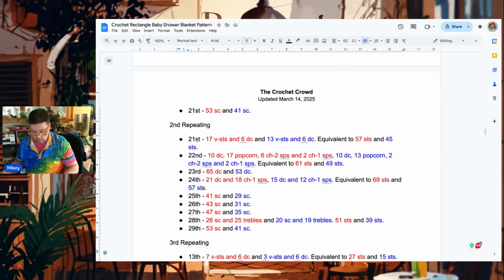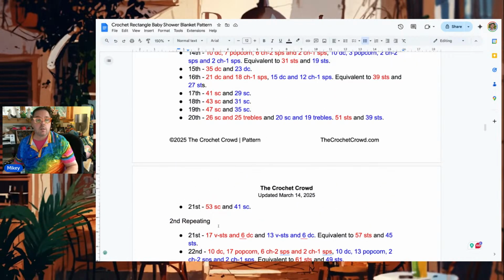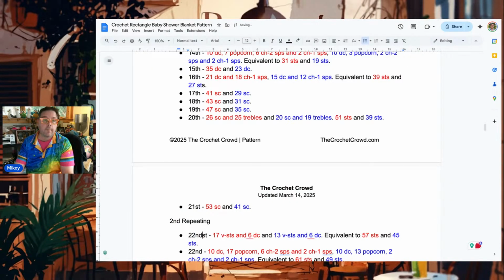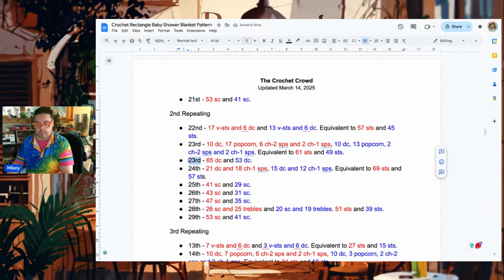Okay, what's wrong? Oh, it's 22nd, 23rd, 25th, 26th, and 30th.